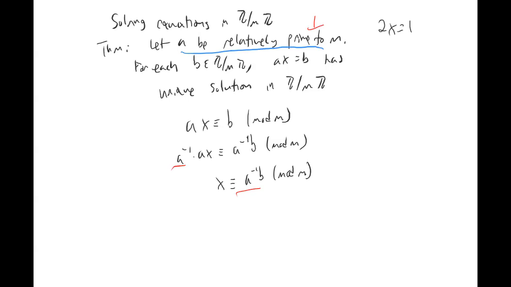It's exactly like how you would solve an equation in Z, except this thing has to be invertible. An example would be mod 2. If you're working mod 2, 2x equals 1 has no solution because this is saying 0 is 1. This is your solution: x is a inverse b.